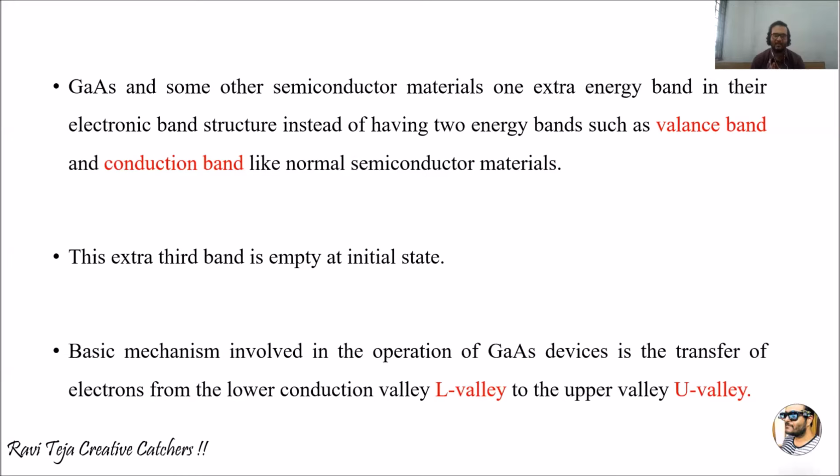In the initial state, that extra third band will be empty. The basic mechanism of gallium arsenide devices lies in the transfer of electrons from the lower conduction valley, the L valley, to the upper conduction valley, the U valley.